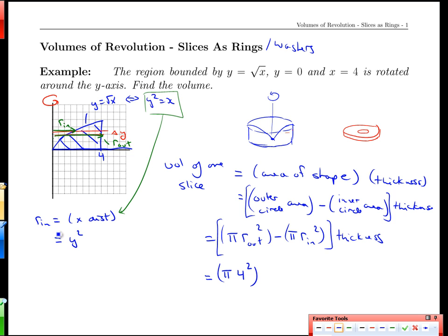So the radius itself goes back to y, but it goes back as y squared. So you have to be careful. There's 2 squareds here. Radius in is an x coordinate. So we take an x squared, but it's that x which is replaced by y squared, and I get a y squared squared there. And our thickness now, we can say explicitly, is our delta y, our little thin slice, delta y thick.